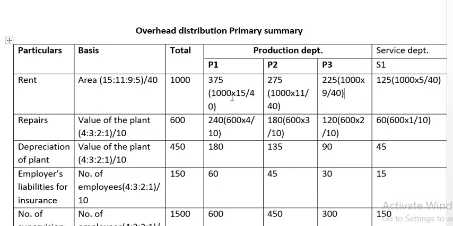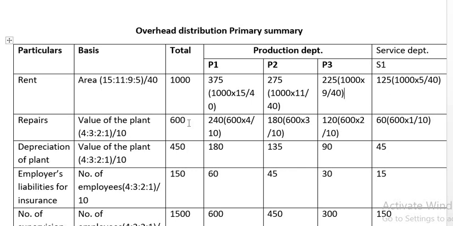So 1000 we distribute to all 4 departments: 1000 into 15 divided by 40 is 375; 1000 into 11 divided by 40 is 275; 1000 into 9 divided by 40 is 225; 1000 into 5 divided by 40 is 125.